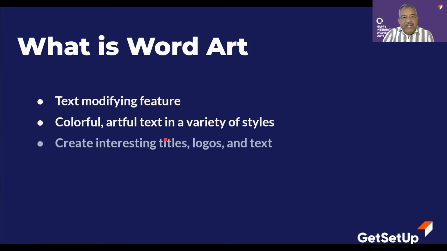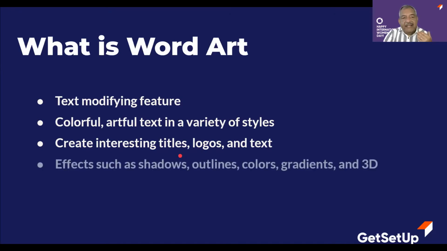Now, moving ahead, we can create interesting titles, logos, as well as text. We give the text a very different look altogether using WordArt. There are effects within that, such as shadows and outlines.